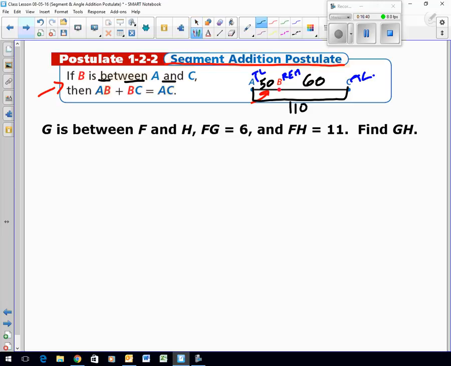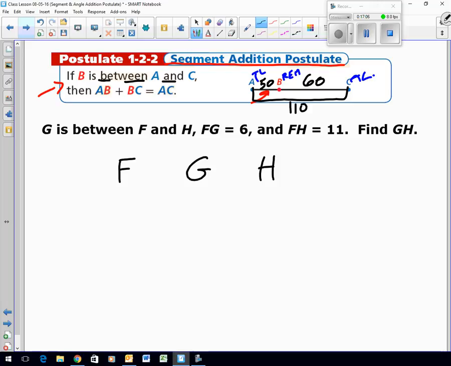All right, G is between F and H. What's the first point I'm going to put down? F. Why is it F and not G? G does not tell me what I need. G is between F and H. Starting with F will help me out the most.